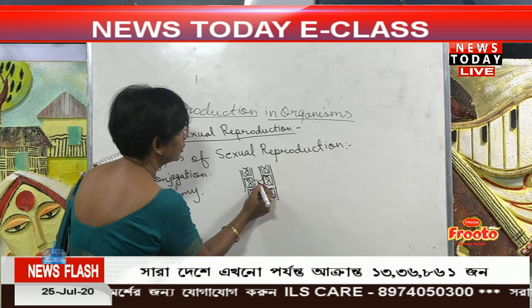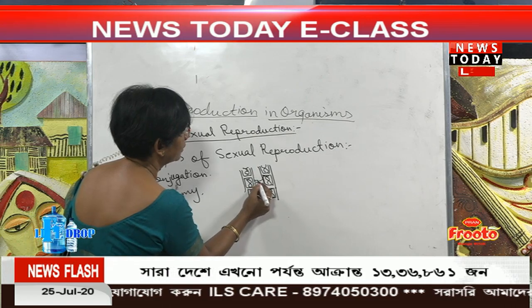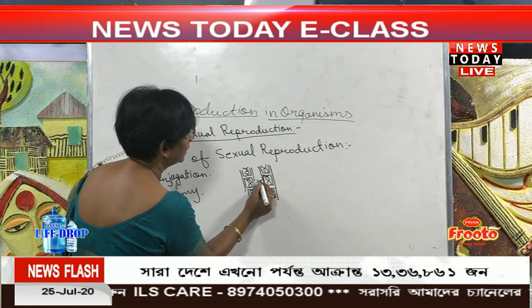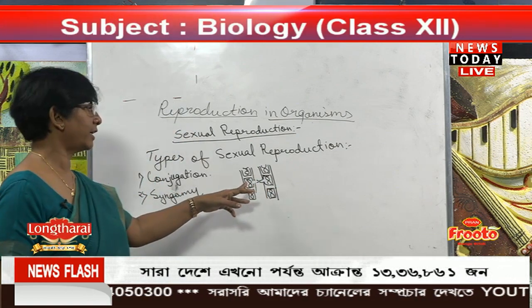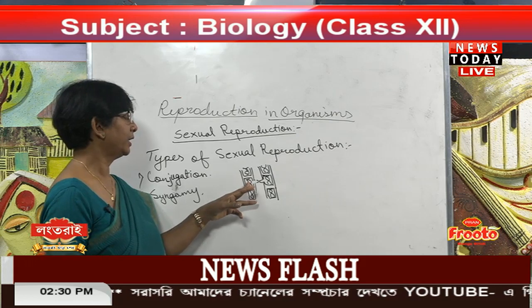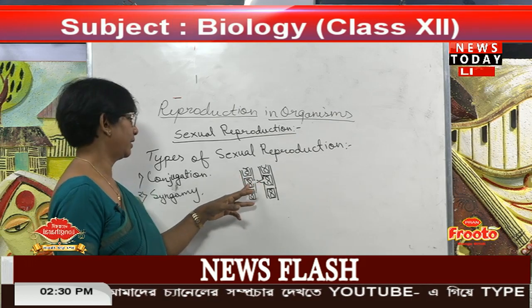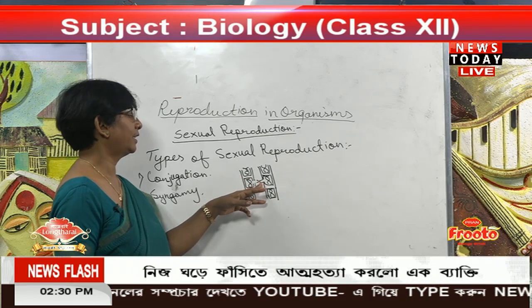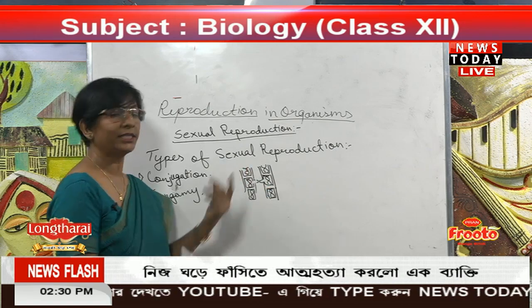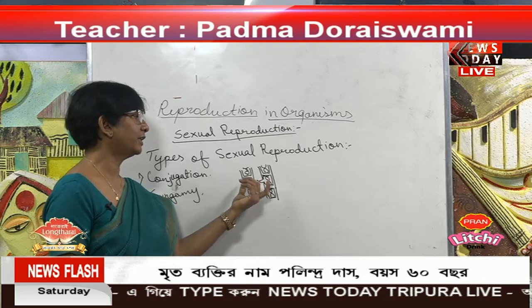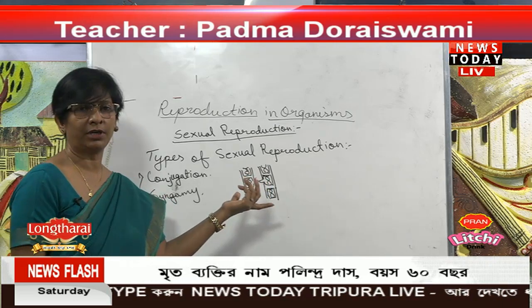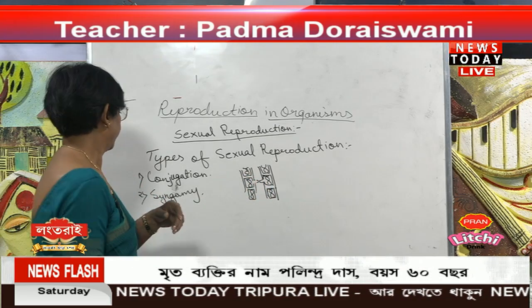So here is conjugation, a tube is formed like this, and after that the genetic material is attached with the other one, and there is an exchange of genetic material. This process we call conjugation.